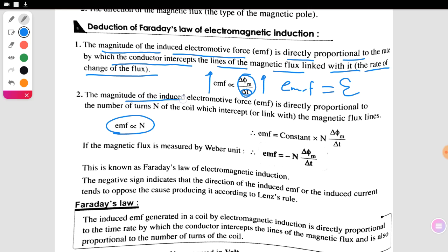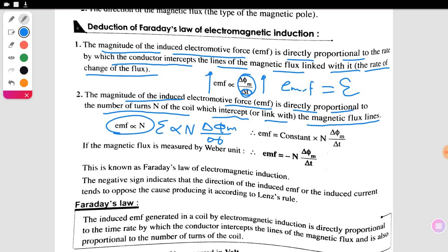The magnitude of induced electromotive force is directly proportional to the number of turns of the coil linked with the magnetic flux lines. This means that epsilon induced is directly proportional to the number of turns of the coil and the rate of change of magnetic flux.